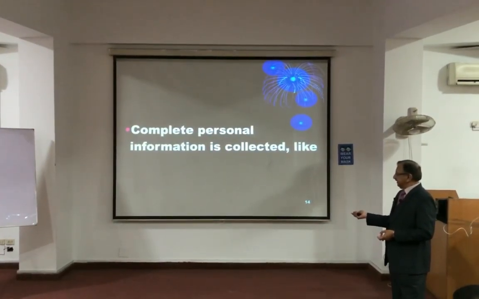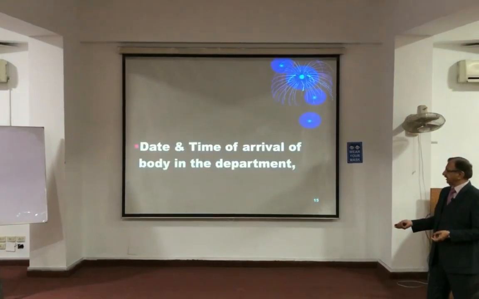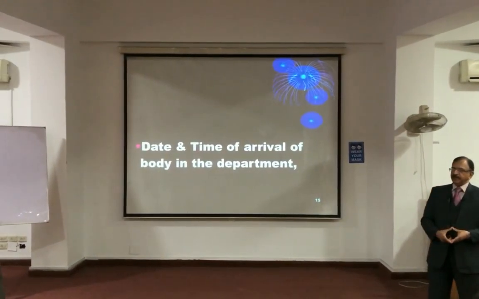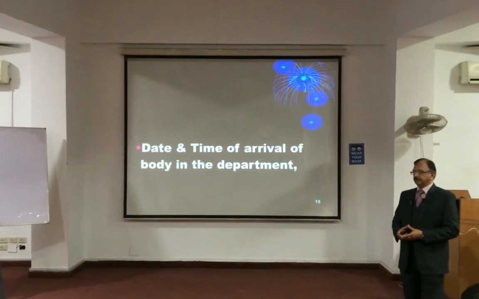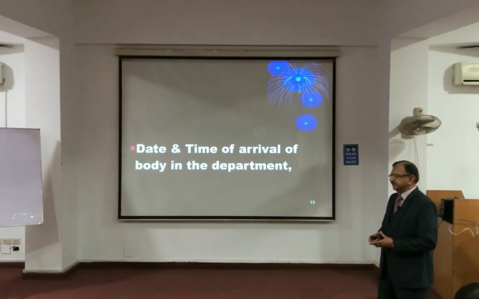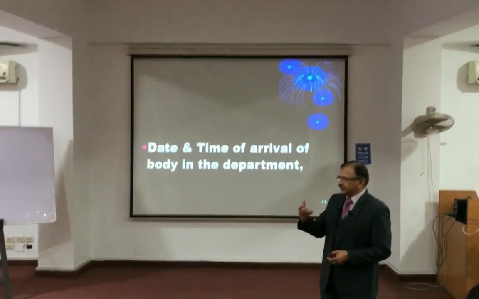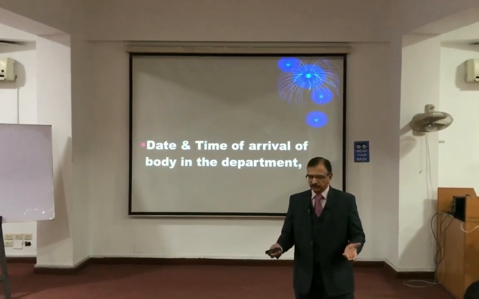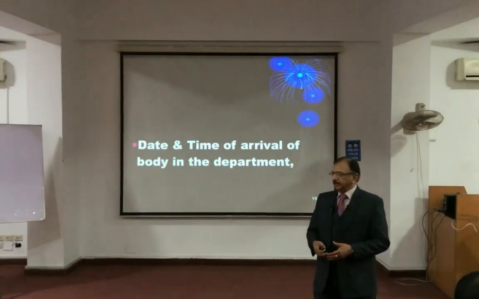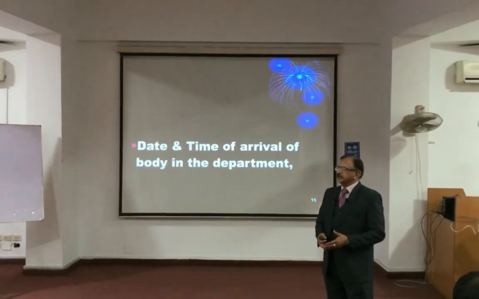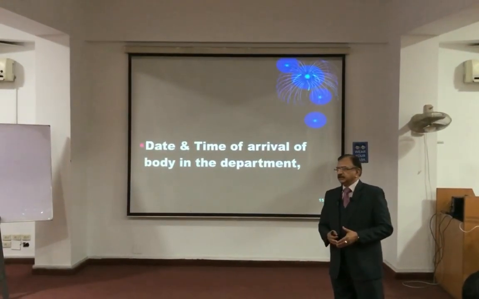The biodata, complete identification: name, age, sex, and date and time of receipt of body in the department. Because this is a very important question usually in the courts: when you receive the body, for example, the body was received 2 to 3 days before, and when you conducted the autopsy, why was there a lapse of 3 days?